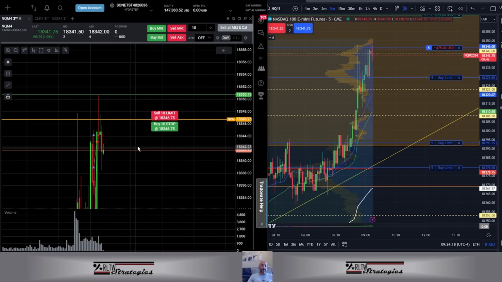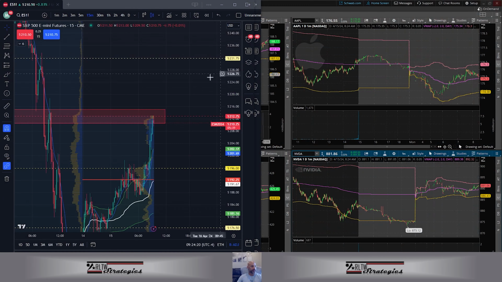Possibly. If we break through this red box on the ES, I'll go long. We could break this red box, hit this pivot line, come back down to the red box and go higher. Or we could break through the box down, touch, revisit the box, coming back up, and then go back down.